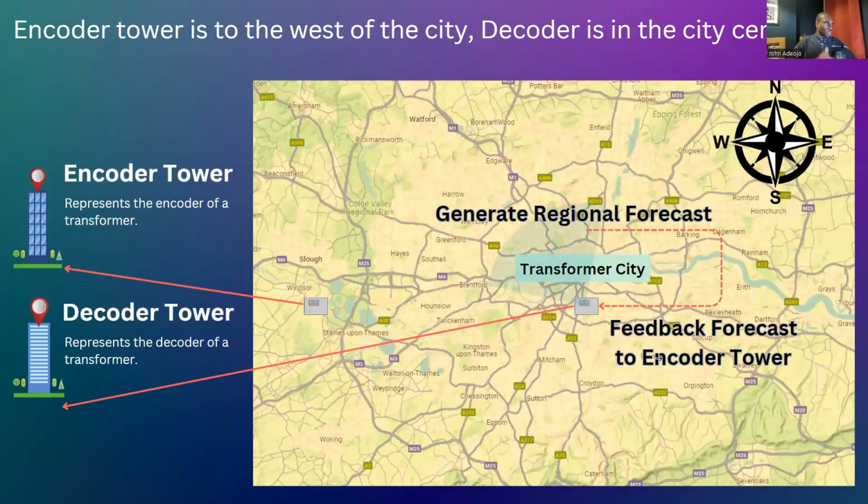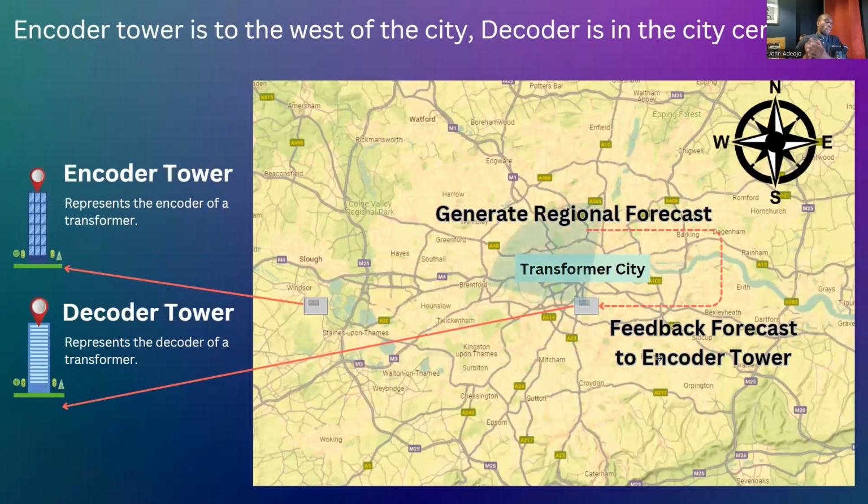So that report has been shared with the decoder tower, and then they use that information from that report to generate a forecast. Now, the thing to understand about the decoder tower here is that forecasts are generated from west to east. And remember, I said that the weather patterns in this area move from west to east.